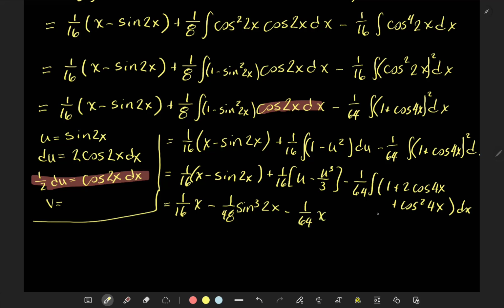Just integrating this one. I'm going to integrate this one directly, just because it's a u substitution. u equals 4x. So I'm going to go ahead and save us a little bit of time. We're going to have a 2 that comes out, so it's going to be 1/128th of the sine of 4x.